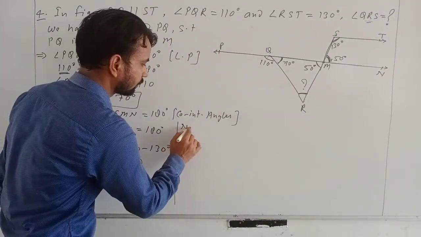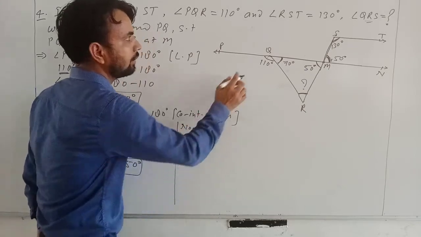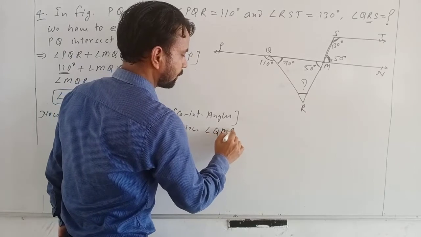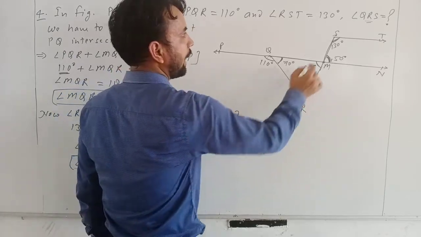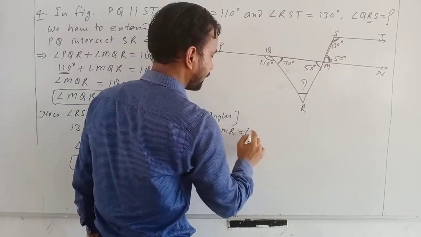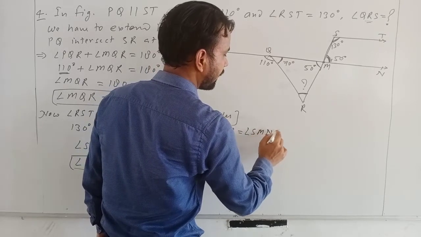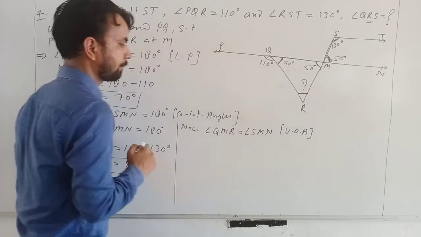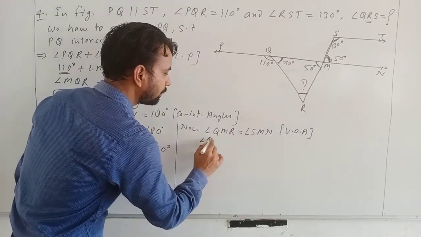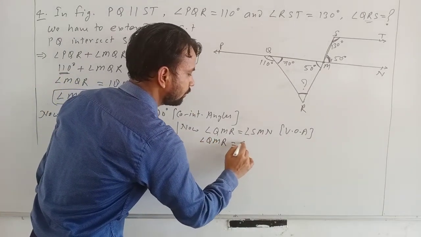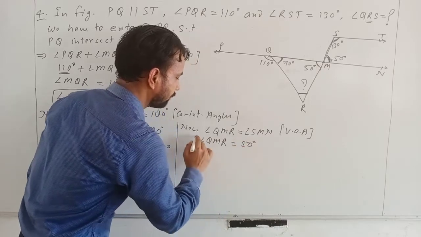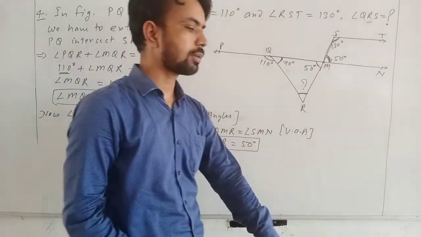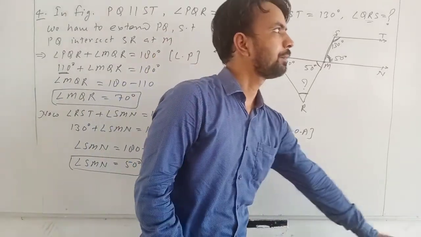Now angle QMR equals angle SMN. Reason: vertically opposite angles. So QMR equals 50 degrees, because SMN is 50, then QMR is also 50 degrees.